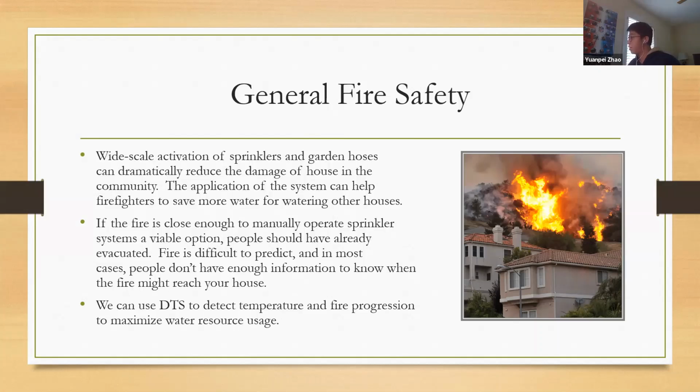As we know, the houses in Southern California are not actually brick; inside the walls, and the outside is mainly wood, which is easily ignited. So we think that if we put sprinklers on the roofs and around the houses, it can save more houses. Even when people are evacuated under a mandatory evacuation, the DTS sensor can still work by itself and automatically trigger the sprinkler system, so there's no worry about the loss of houses.